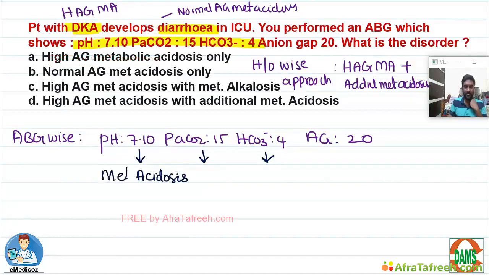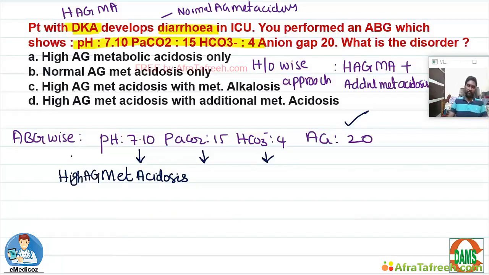So what should be the name? Metabolic acidosis. And anion gap has increased. So this is high anion gap metabolic acidosis. So if you don't know the concept of comparing this change in bicarbonate and change in anion gap, majority will mark high anion gap metabolic acidosis only.